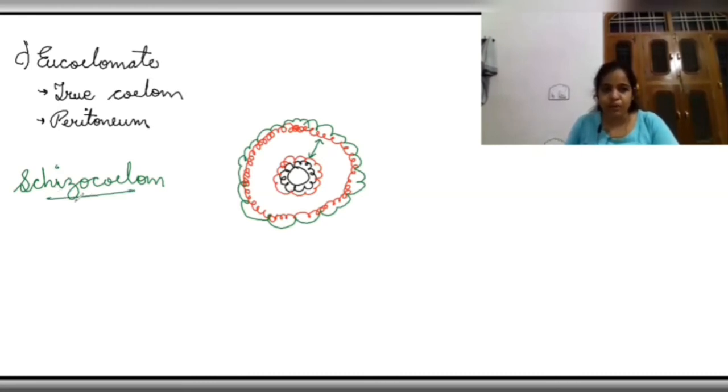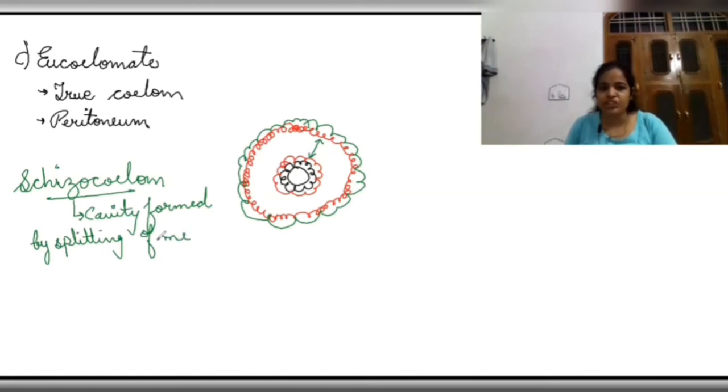So let's write what it means. Cavity formed by splitting of mesoderm. Splitting means separation of mesoderm. This is the complete mesoderm, half will go this side and half will go this side, forming a cavity in between them.